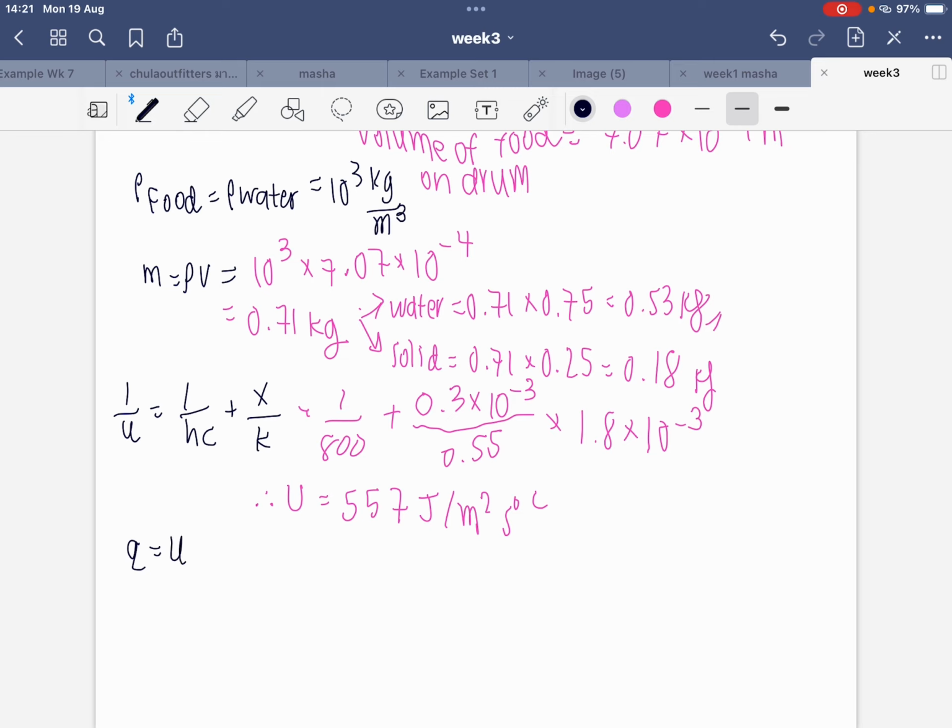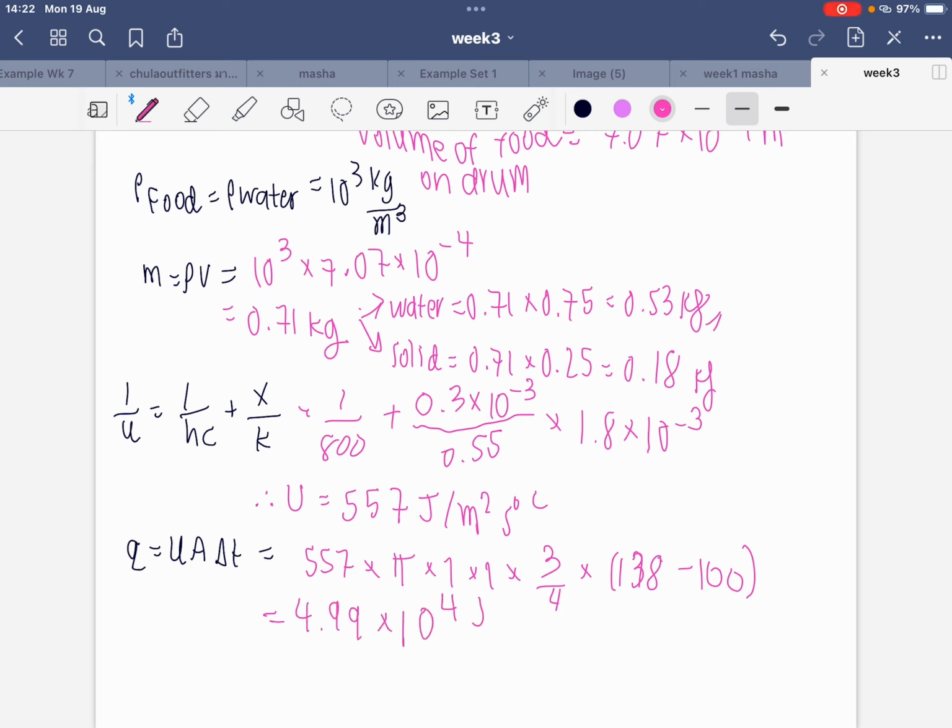Q equals U A L T, so 557 times pi times 1 times 1 times 3/4 times 138 times 100 gives 4.99 times 10 power 4 joules per second.